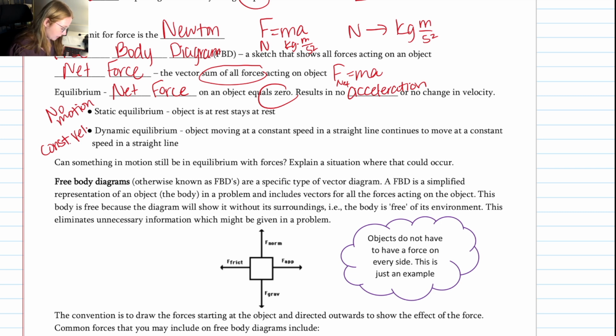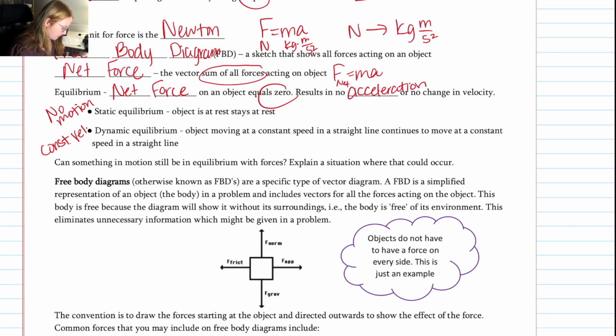Maybe think about a box sliding on an ice rink. I'm not pushing it. It's just sliding on its own, but there's no friction to stop it. And so it just stays moving with that consistent velocity. So that would be an example of dynamic equilibrium.